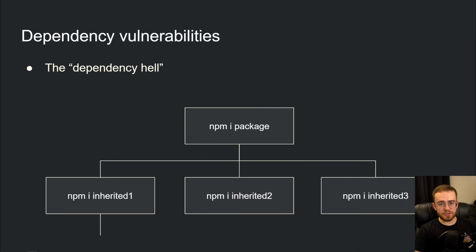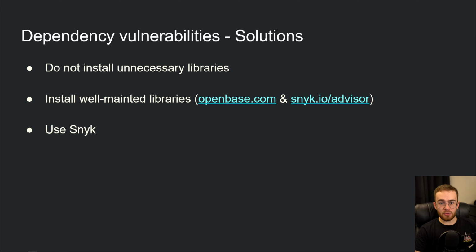So now you might ask yourself, what are the solutions to prevent dependency vulnerabilities? There's a couple of actions you can take. First of all, I would recommend to not install unnecessary libraries. I see a lot of, especially junior developers that are new to React, and they find out about npm and all the packages that are available.